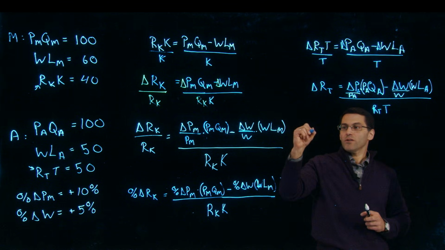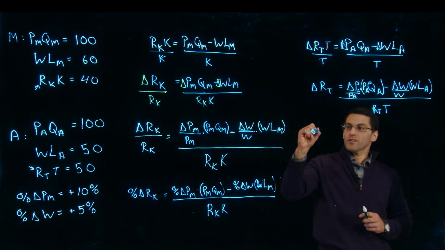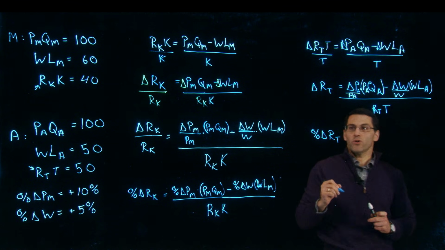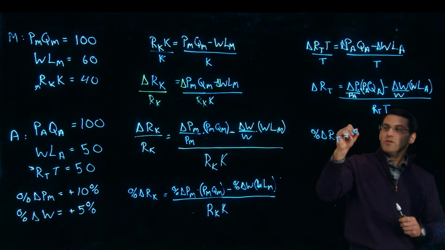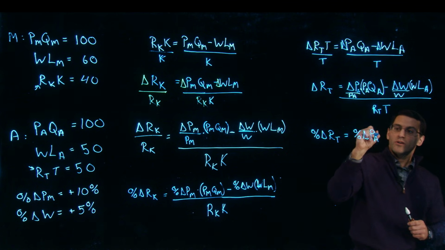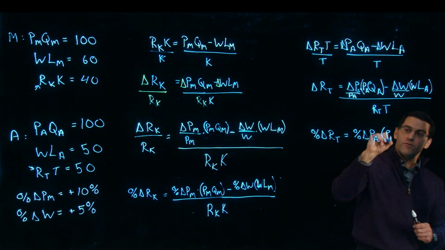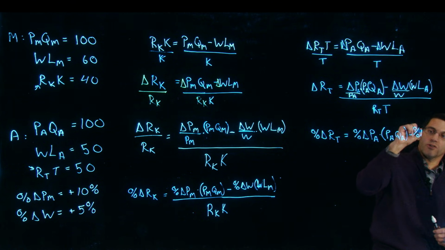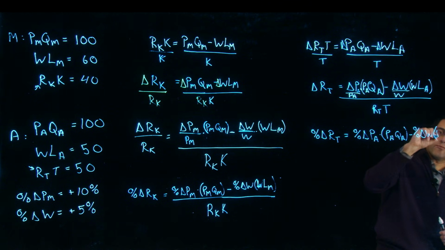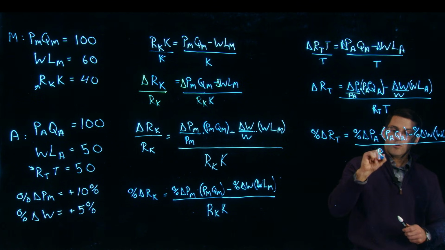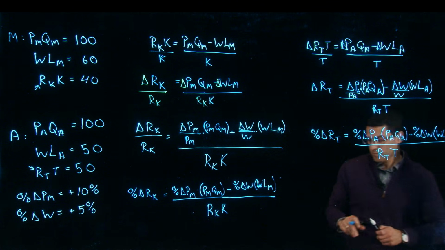We have the percent change in the rental rate for land is equal to the percent change in the price of agricultural goods times revenue in agriculture minus the percent change in the wage times payments to labor, all over payments to land.